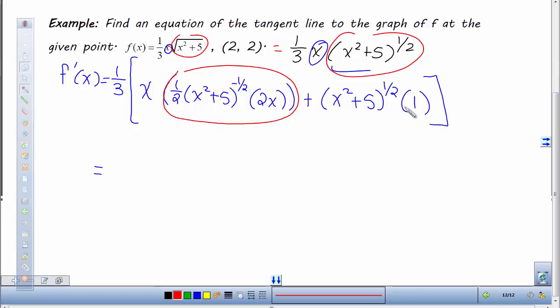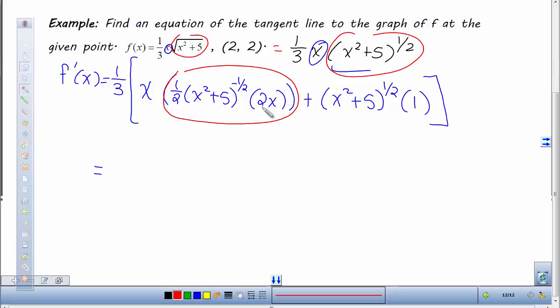And then that was our outer piece. But then to take the derivative of the second, I had to use the chain rule. That's when I brought the 1/2 out front. I subtracted 1 from my exponent, and then we take the derivative of the inside.